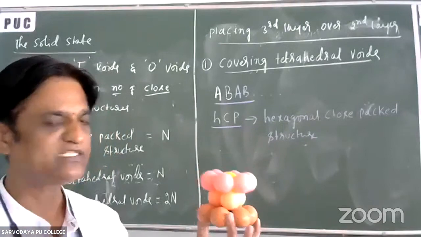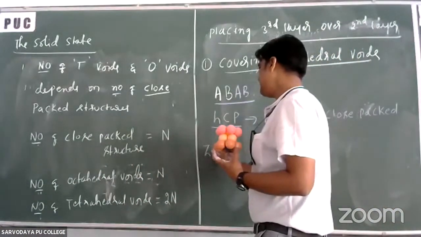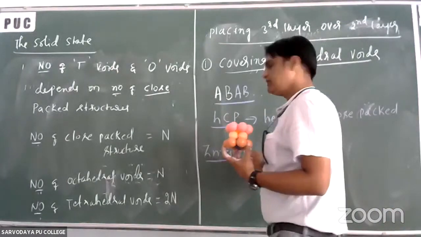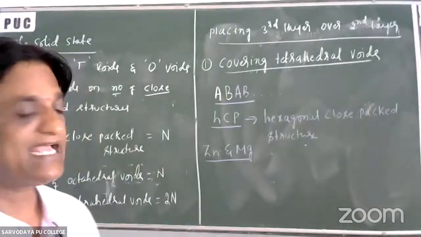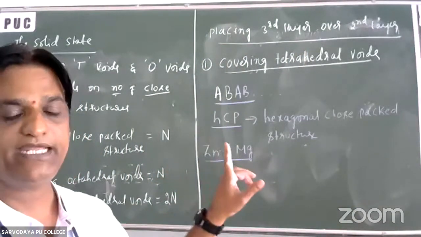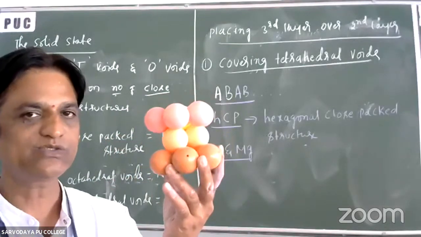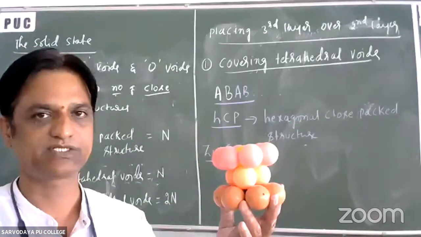And what are the examples for HCP? Zinc and magnesium. So zinc metal and magnesium metal crystallize in HCP, hexagonal close packed structure. So this is one possibility, that is, covering tetrahedral voids.